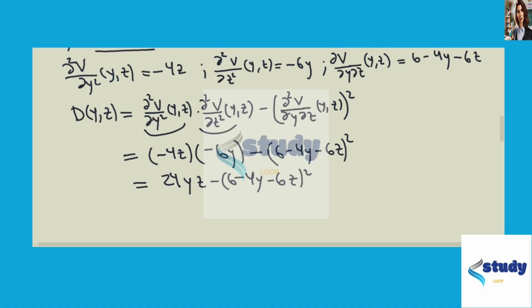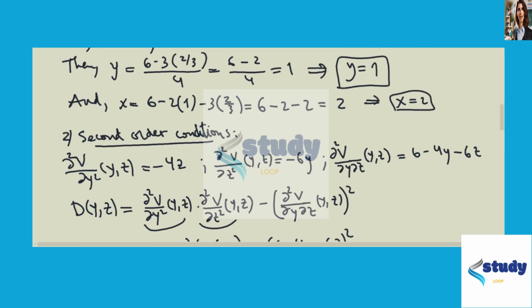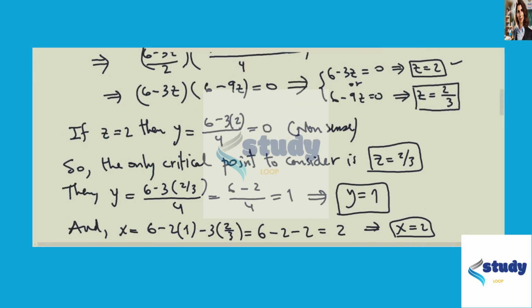But we don't have to calculate this in general. We don't have to expand that, because what we want is the evaluation of this determinant at the critical points. In this case, the only critical point to consider is y equals 1 and z equals 2/3.